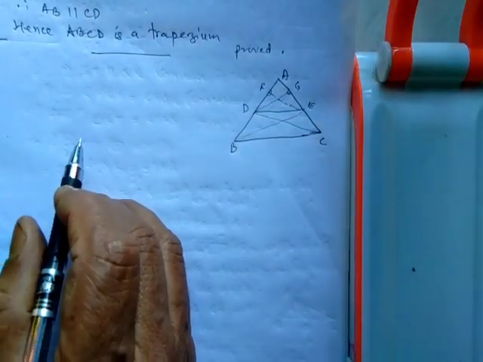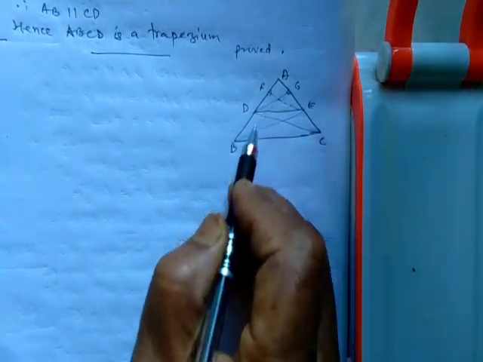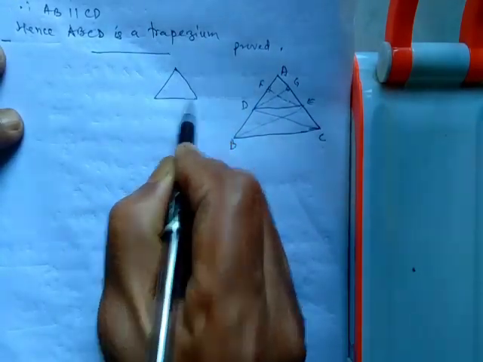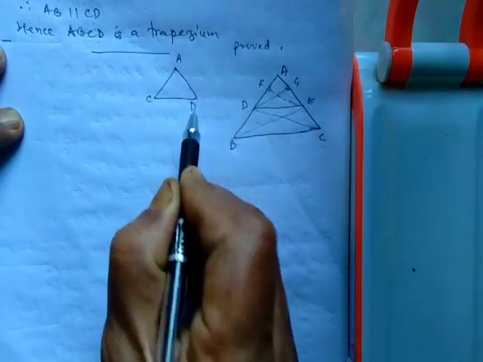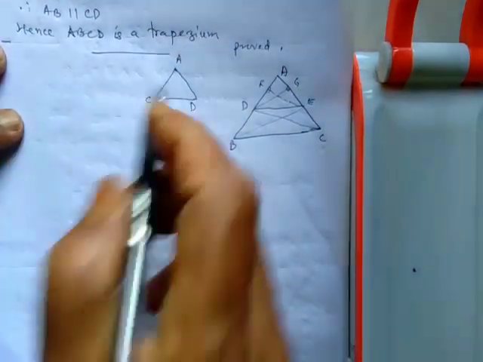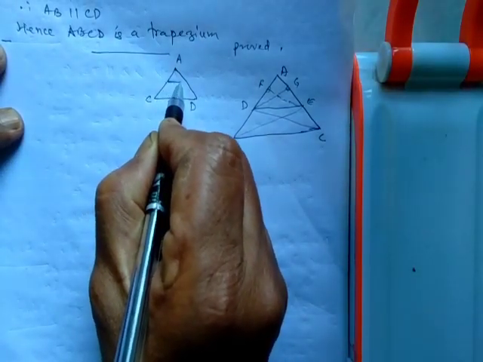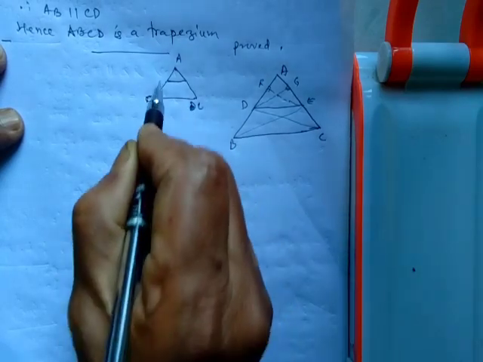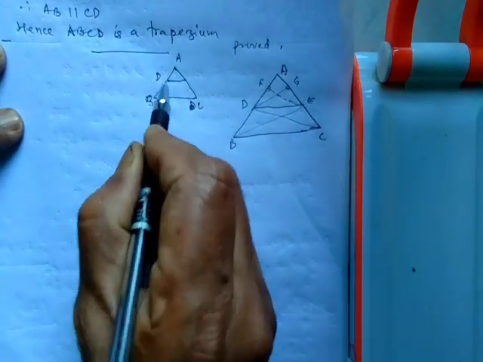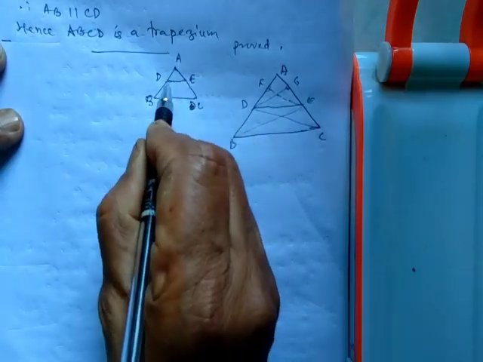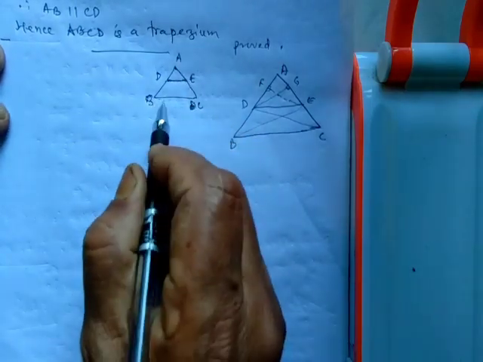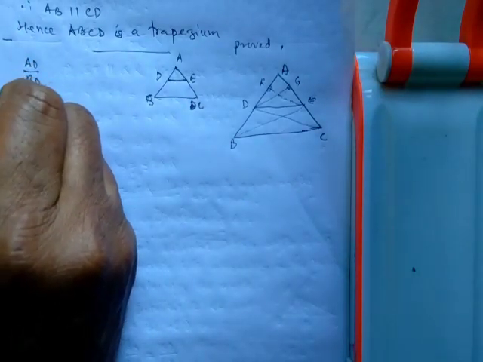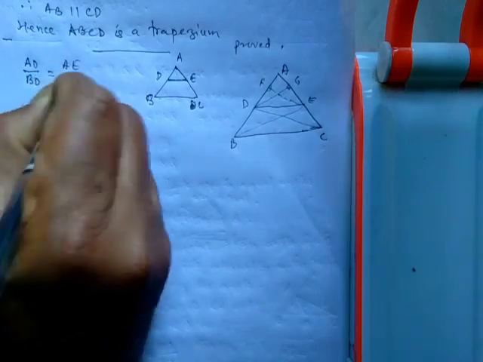Previously we have seen the Thales theorem. This was the diagram. In short, if ABC is a triangle and DE is a line drawn parallel to the base, then according to this theorem, AD by BD is equal to AE by CE.